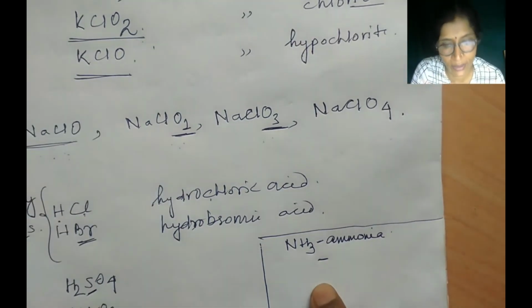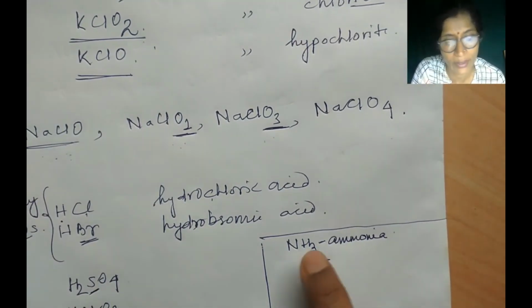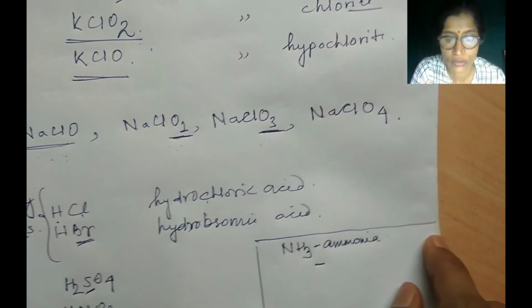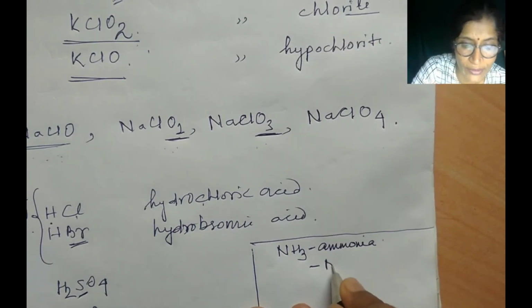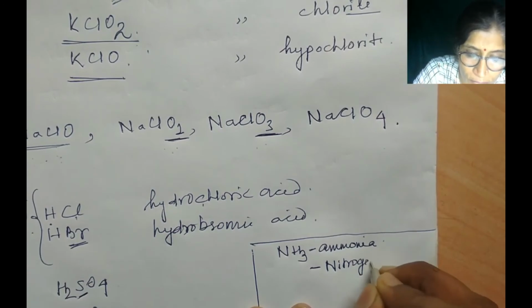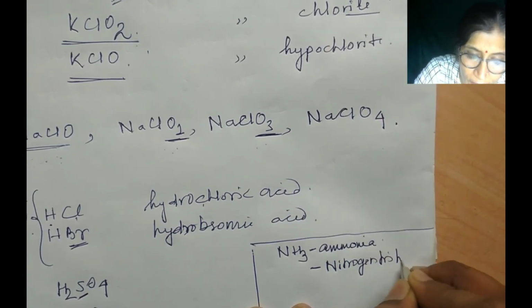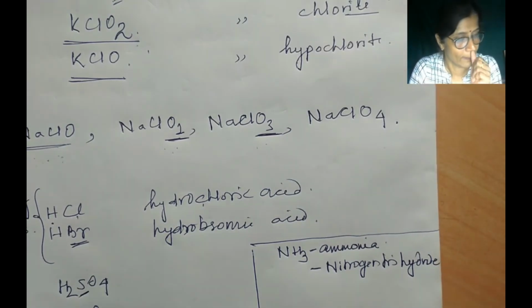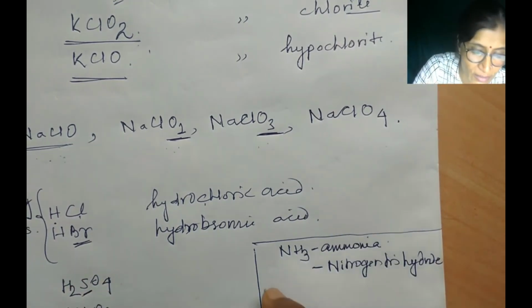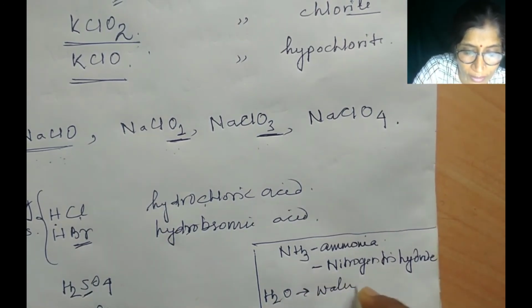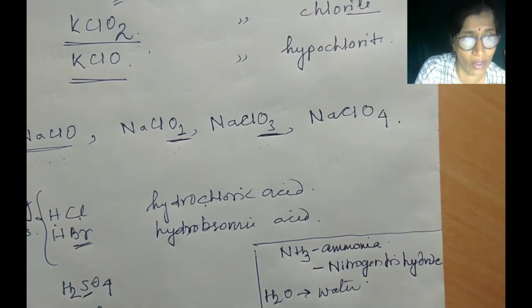Its chemical name: nitrogen 1 atom and hydrogen 3 atoms are there, and both are non-metals. So the name of the compound is nitrogen trihydride. In the same way, if I write H2O, it is water. Water is the trivial name or the common name.